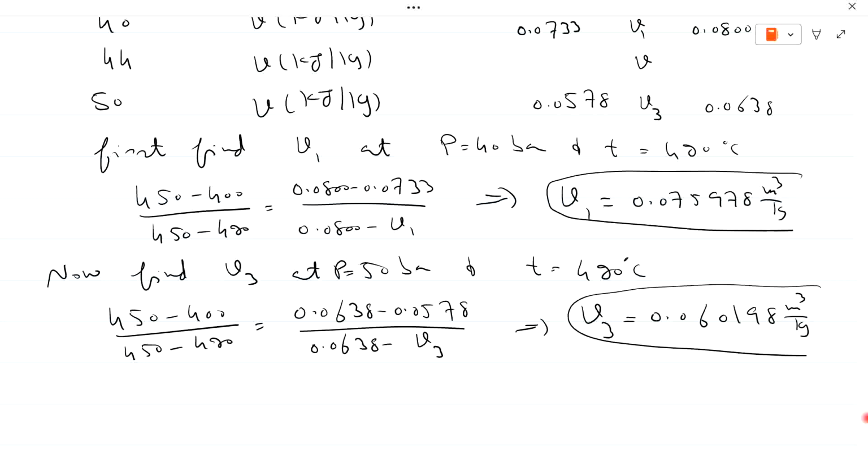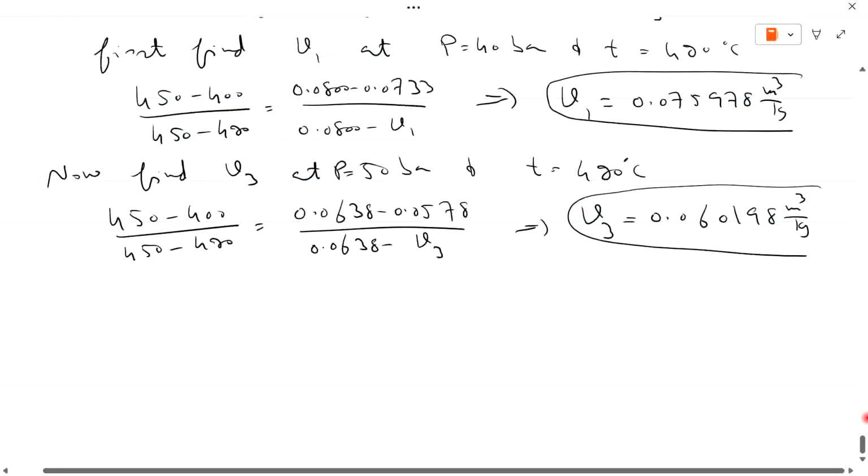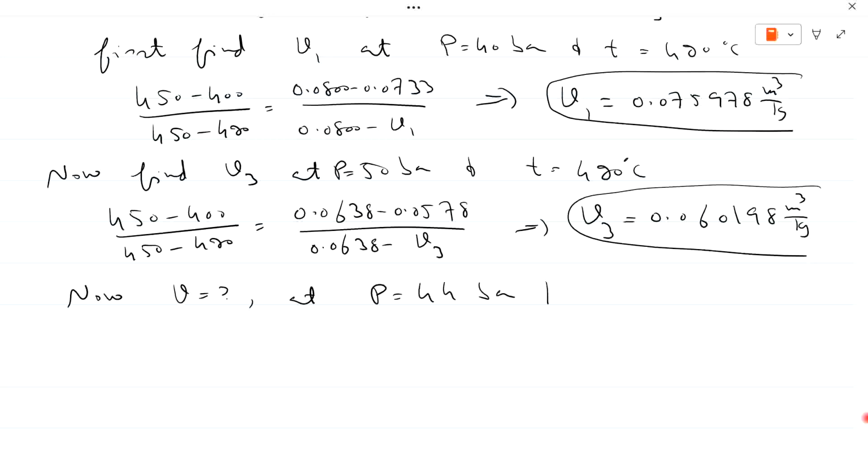Now find V at pressure equal to 44 bar and temperature equal to 420 degrees centigrade, which is required.